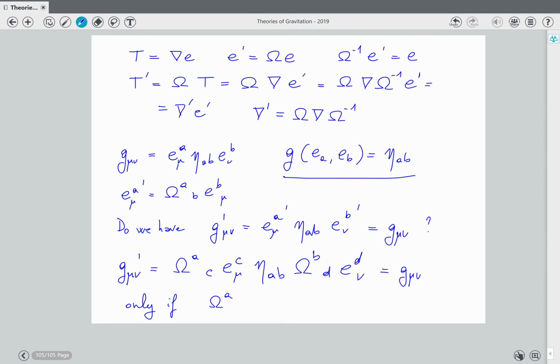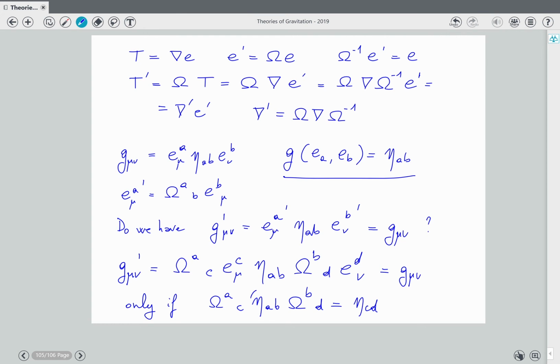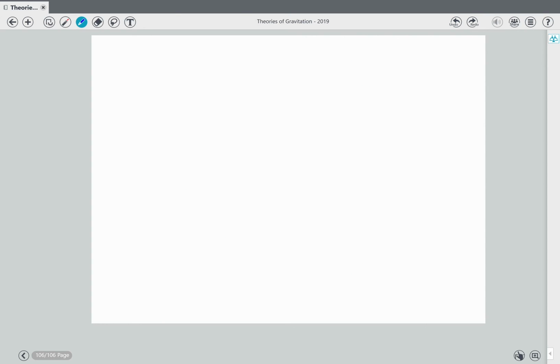So omega AC eta AB omega BD, that should be equal to eta CD. But that is a Lorentz transformation. So a change of basis that preserves the flat space metric everywhere is called a local Lorentz transformation.